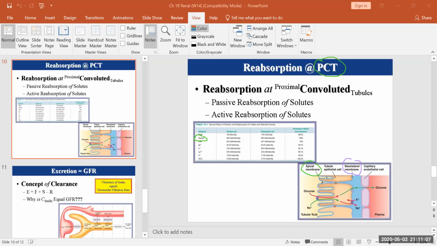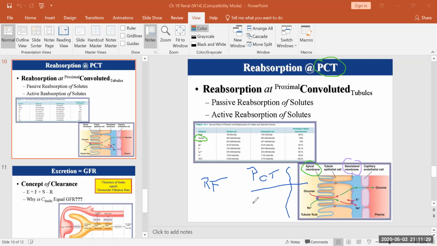Apical membrane means the surface here. This is important. This compartment is your renal filtrate. All of this area is your PCT, proximal convoluted tubule.